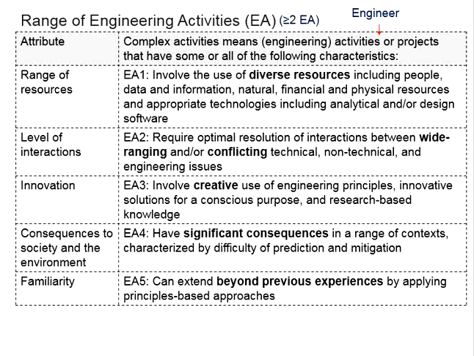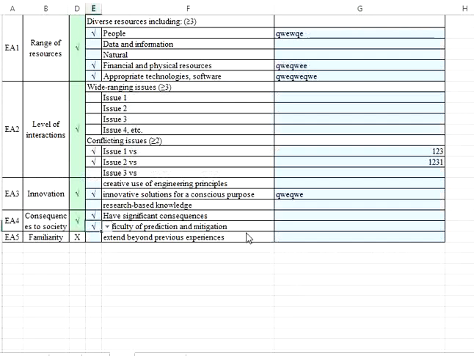It means that the previous experience is insufficient to cover those activities. It is basically beyond the previous experience. This is about familiarity. So we have only one criterion here. As long as it extends beyond the previous experience, we will consider the existence of EA5.